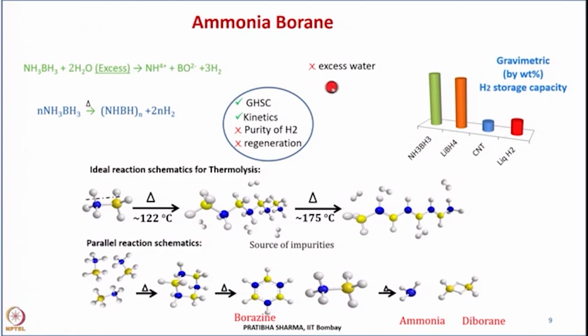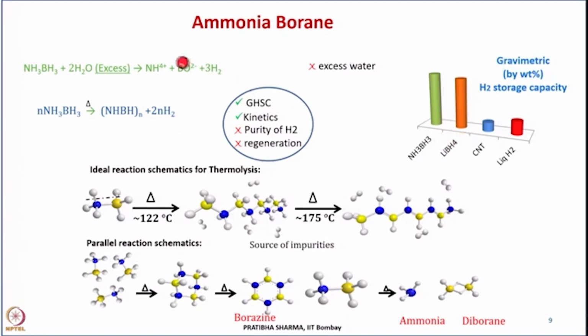Now, if we compare the gravimetric capacity of ammonia borane against the borohydrides, lithium borohydride, carbon nanotube or liquid hydrogen, the capacity is significantly higher for hydrogen storage in the compound ammonia borane as compared to even liquid hydrogen.